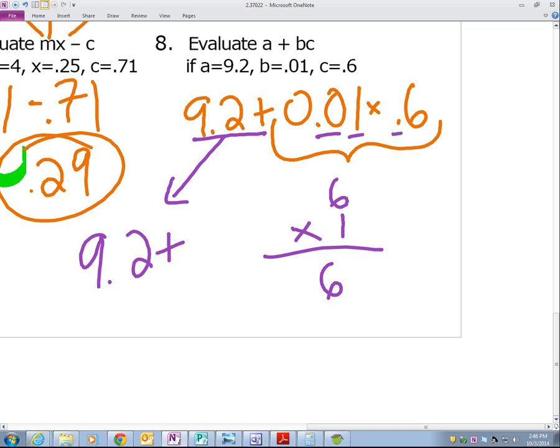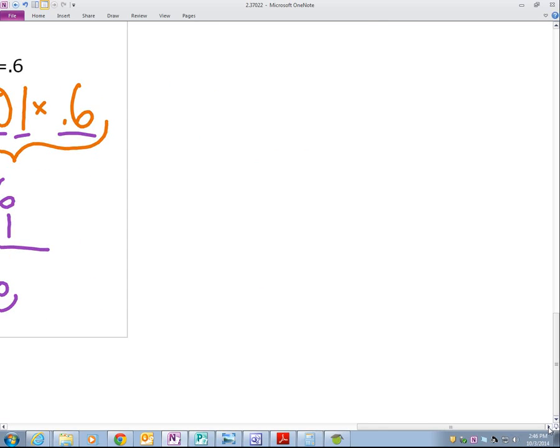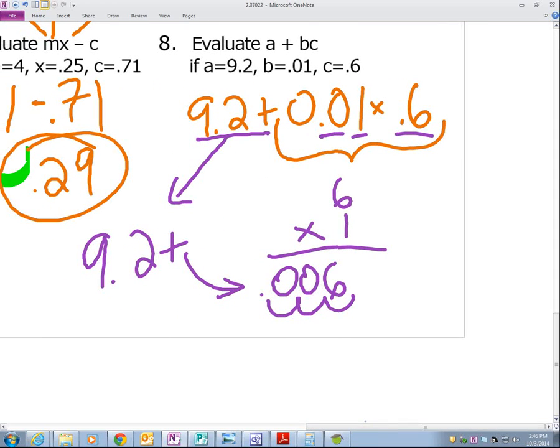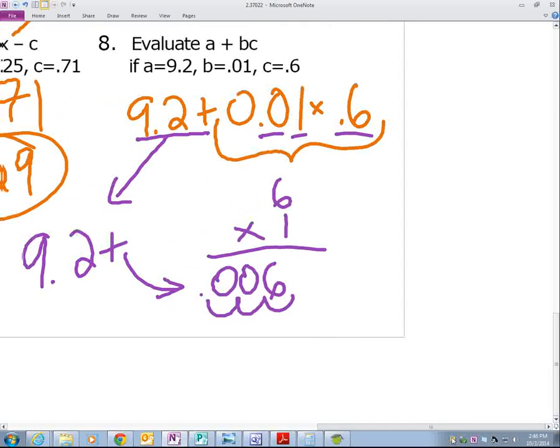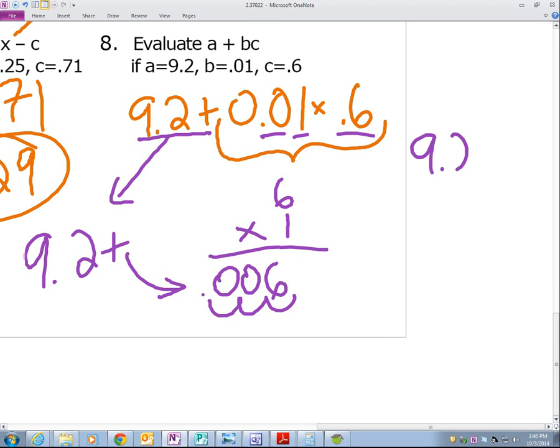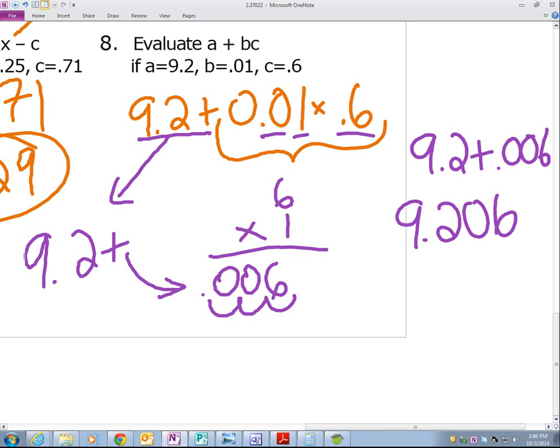We have 1, 2, 3 decimal points. And that's where we're at. So we're going to bring this guy back in from vacation. There we go. So we have 9.2 plus 0.006, which is going to be 9.206. And that's adding decimals.